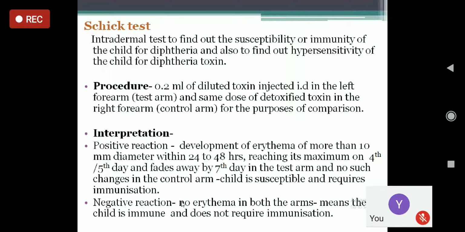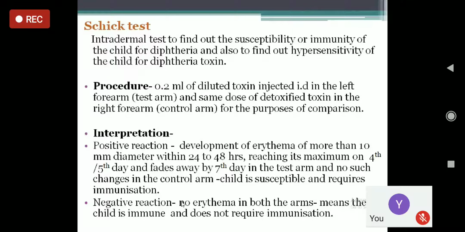If you measure the diameter of that erythema with a scale or measuring tape, it will be more than 10 millimeter, and it reaches its maximum size on the 4th or 5th day. It increases further in diameter on the 4th and 5th day, and fades away by the 7th day in the test arm, and no such changes will occur in the control arm.